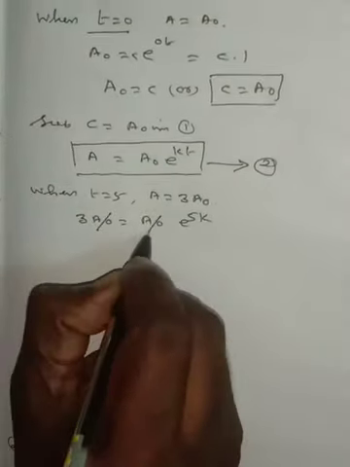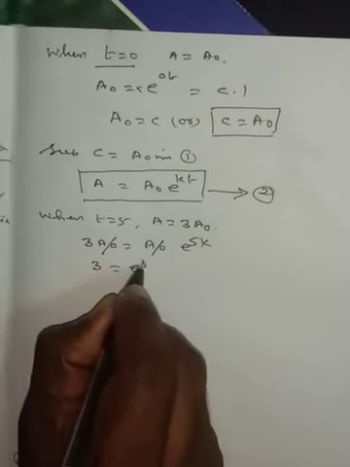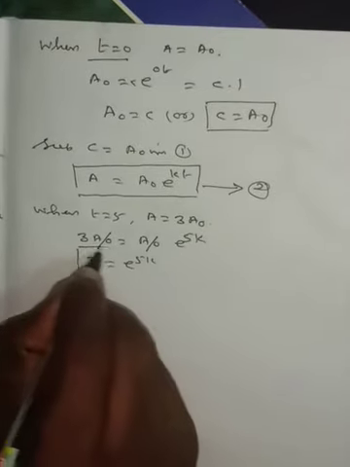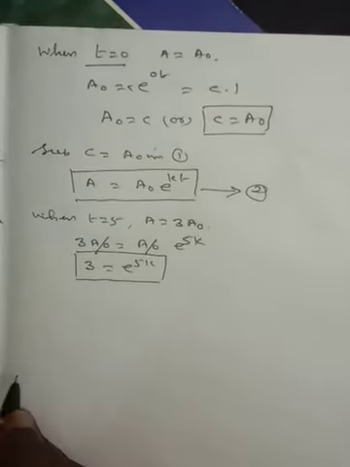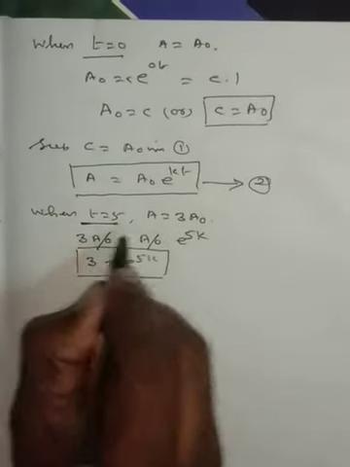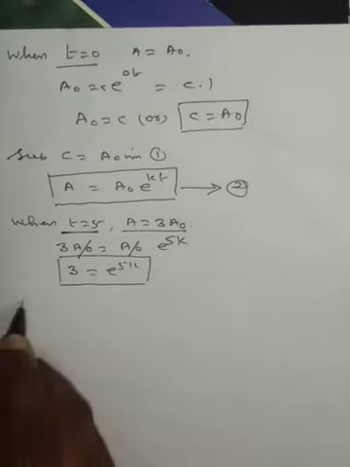A naught cancels, so 3 is equal to e to the power of 5k. The first condition is t is equal to 5, A is equal to 3 times that of the initial stage.